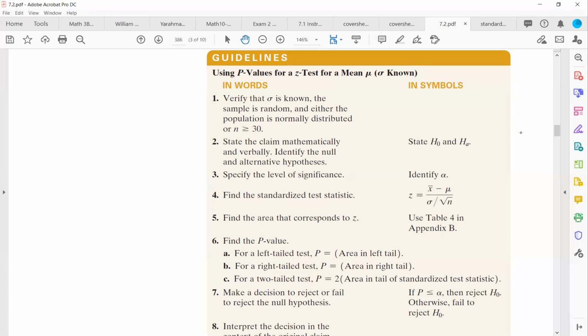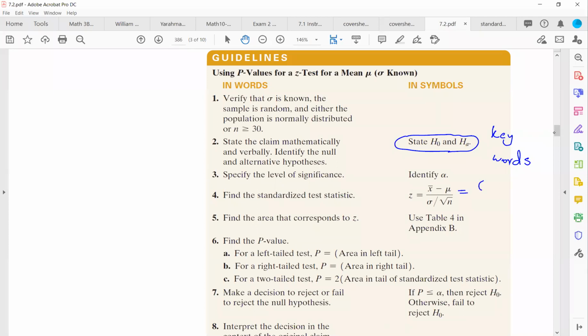Then, in the next step, you have to form your null and alternative hypothesis. One of the most important steps, using your keywords that we discussed yesterday. In the next step, you need to specify the level of significance. What's that? Is it 1%? Is it 5%? Is it 10%? In the next step, you need to find the standardized test statistic, z, which is equal to x bar minus mu, divided by sigma over square root of n.